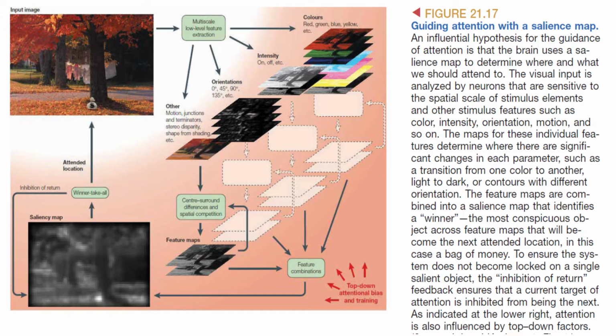So this figure 21.17 is showing two ways in which we can guide our attention. One way is what we call bottom-up, which means the attention is driven by the characteristics of the stimulus. For example, in the upper figure, the visual system will analyze colors, intensity, orientation, and other characteristics like motion.